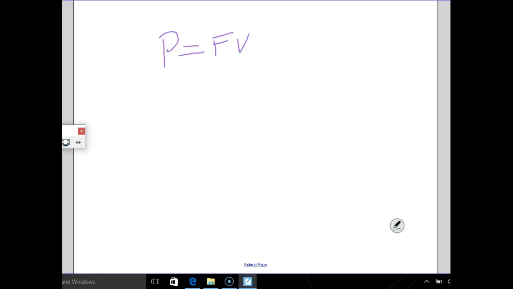Keeping that in mind, we'll do an example problem. And that example problem reads, an electric motor lifts an elevator at a constant speed of 54 kilometers per hour.